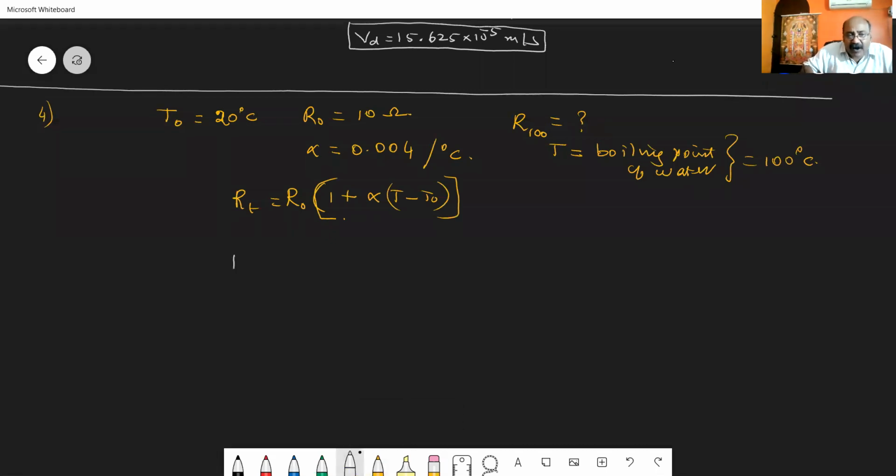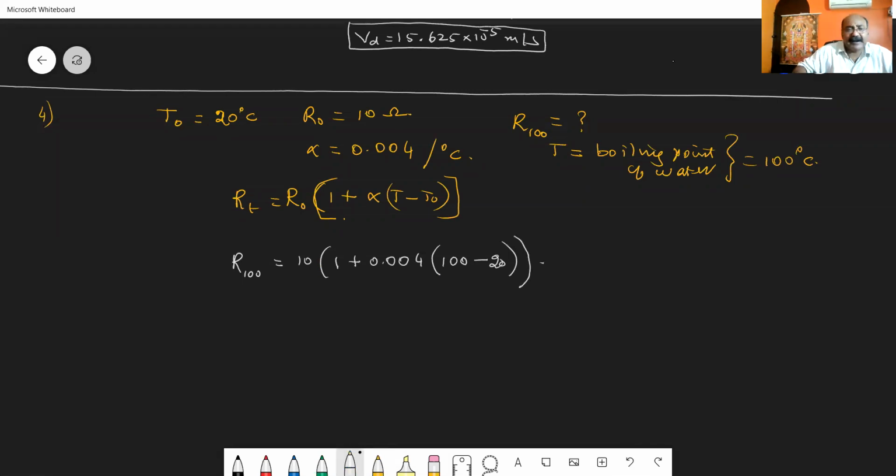So instead of RT, I am putting it as R100. Here I have to put R0 to be 10, 1 plus, what is alpha? 0.004. What is T100 minus, what is T0? Sorry, T0 is 20. So I am putting minus 20.